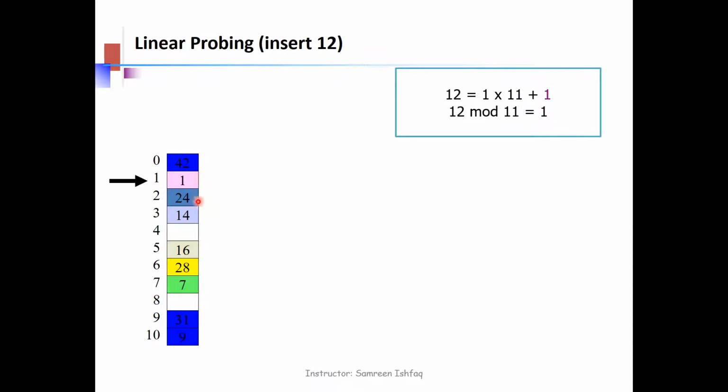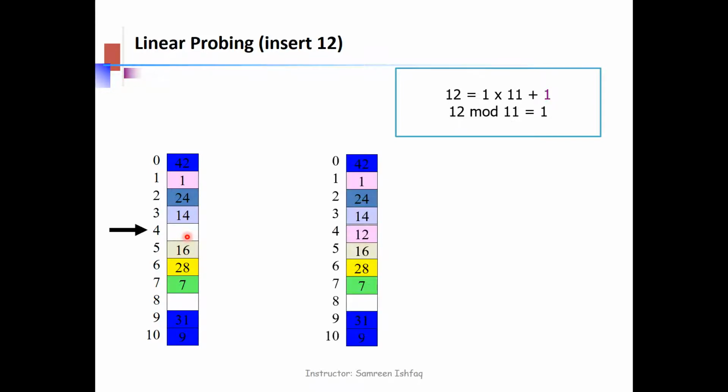We will probe for the next slot. So after 1 we will check the second index. The second index is already filled. Again collision occurs. Then we will check the third index. Again collision occurs. Then we will try the fourth index. The fourth index is empty. We will insert 12 at the fourth index.